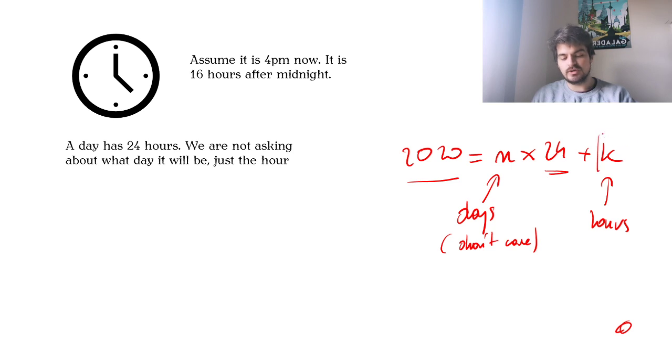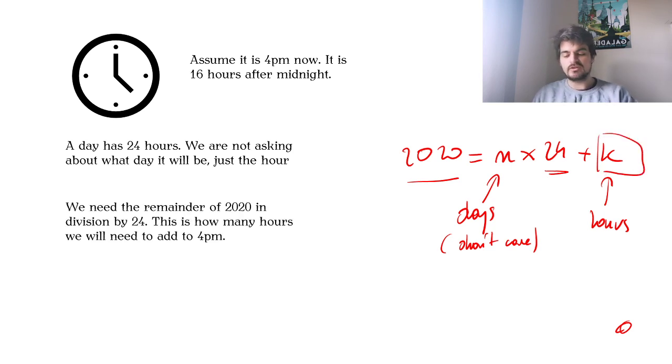If you do that, what we get is k, the number of hours, which is what you want. This is how many hours we need to add to 4 p.m., because it tells us how many hours later in the day we will be in 2020 hours. We just need to add it to 4 p.m., because it's 4 p.m. right now, more or less.